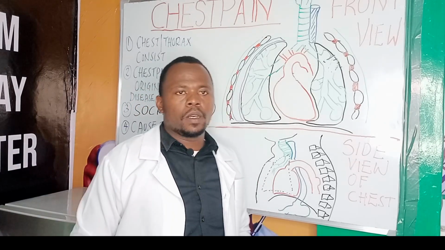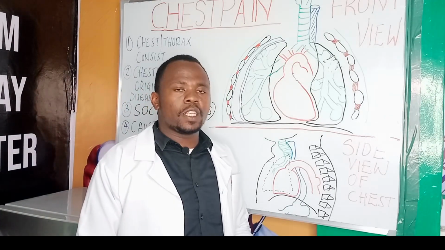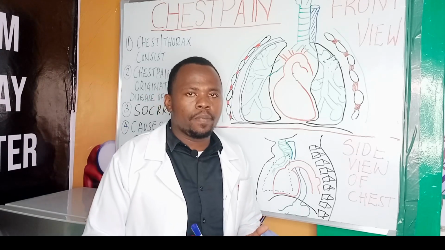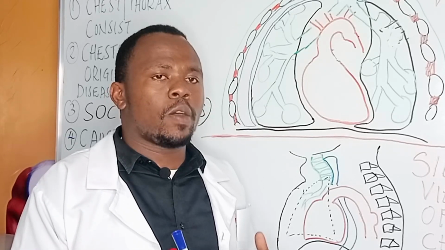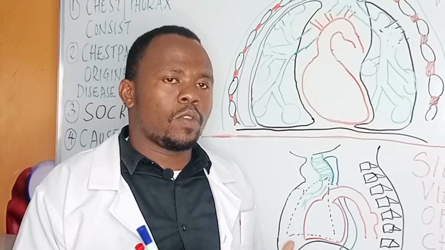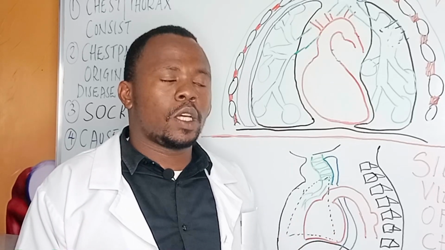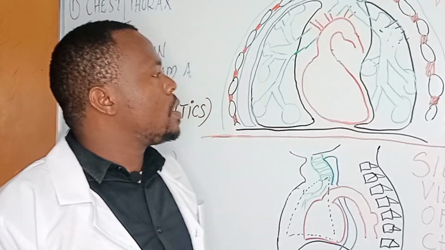It's like a heartbreak. Maybe for those who have experienced heartbreak, that pain is a feeling of heaviness. Though that pain may radiate or move. It may move to the back. It can also move to the neck, to the jaw, to the shoulder, and most of the time it can also move to the left upper arm.